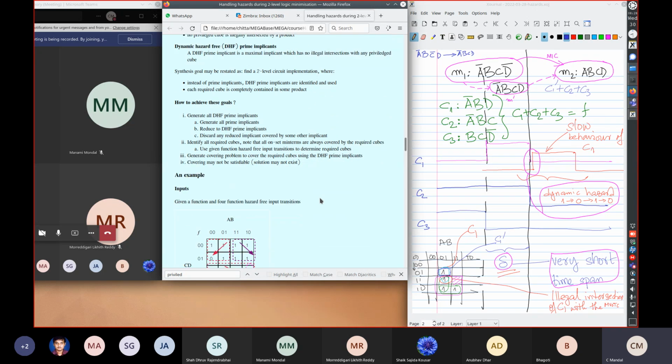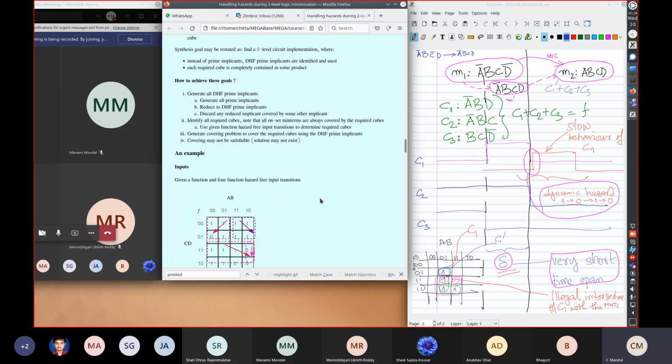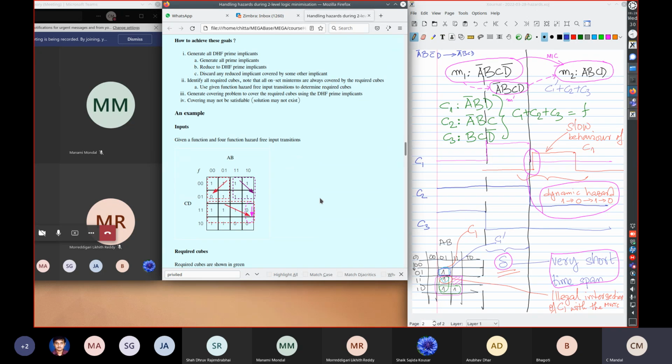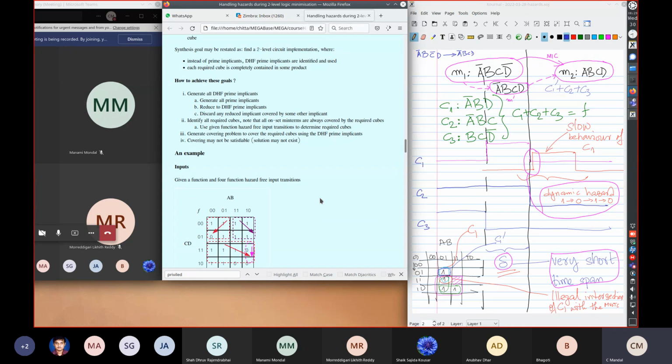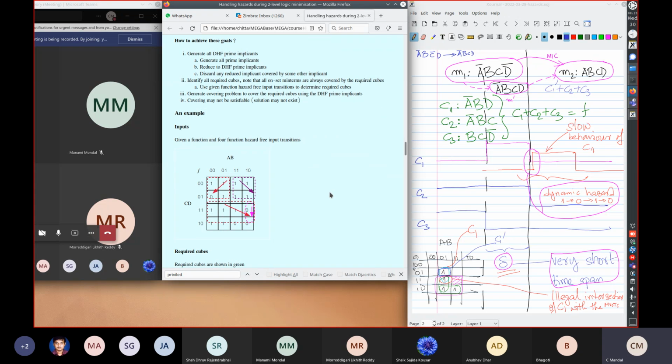Okay, so those will also have to be covered in addition to the min terms of the expression. So note that these required cubes also cover min terms. So you don't need to cover min terms which are covered by the required cubes as such.